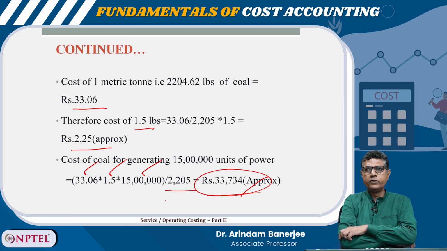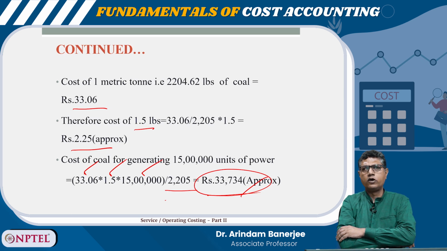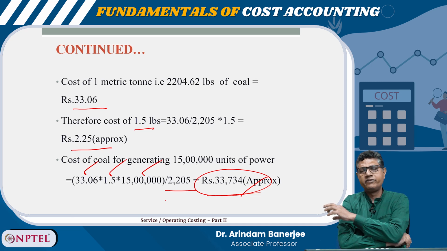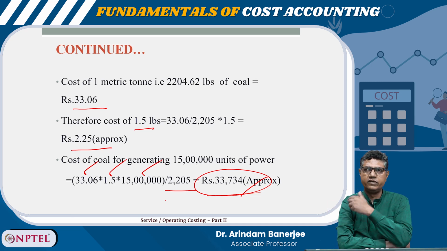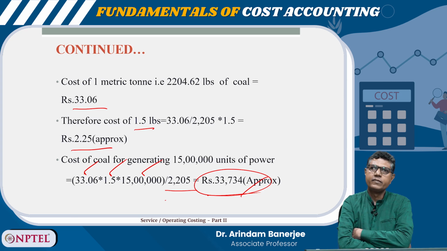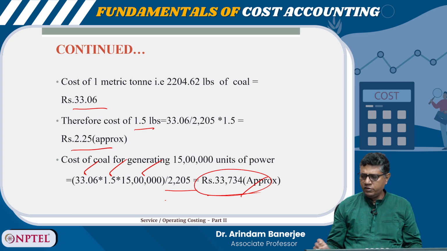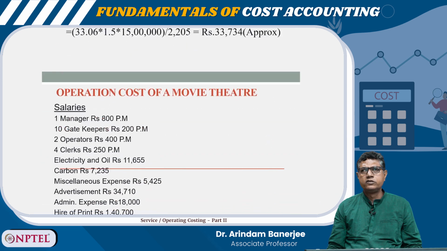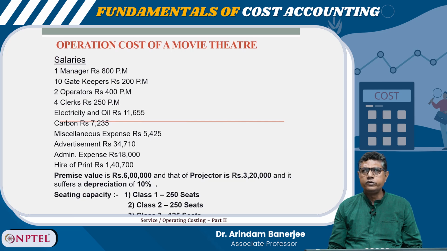So, it can compute its per unit cost of power, right, by factoring in all the variable costs and the fixed cost which is incurred because of this. Okay. Now, we discussed a transport company, we discussed the electricity producing company also. Now, what we will do? We will discuss the operation cost of a movie theater.